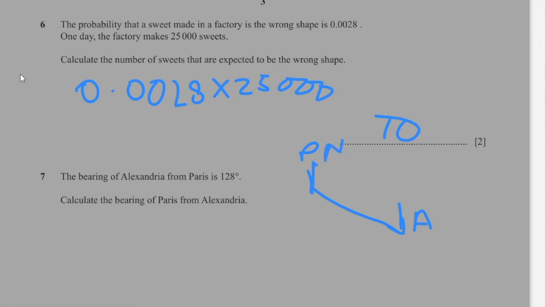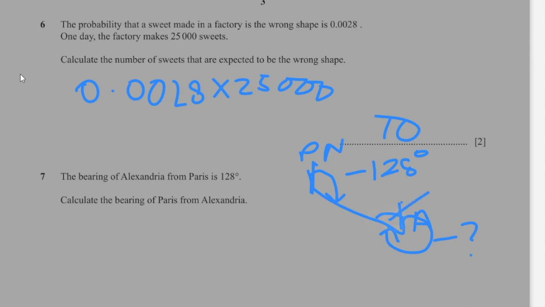This is basically the north region, so you start doing it clockwise, and this is the bearing of Alexandria from Paris, which is 128 degrees, and the bearing of Paris from Alexandria would be starting from north going clockwise all the way to this line, and this is the bearing we're supposed to be calculating over here.